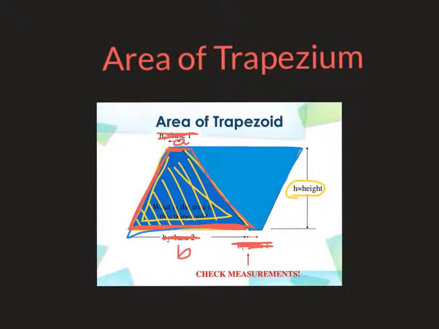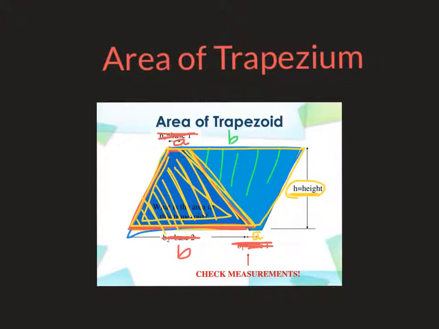If we relate it to the other shape, you can see that B is up here with the flipped one, and A is down here with the flipped one. If we have the height of the trapezium, then we're able to find the area of this entire shape and then halve it to find the area of the first trapezium.